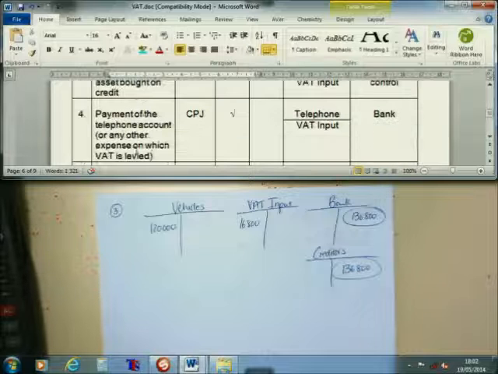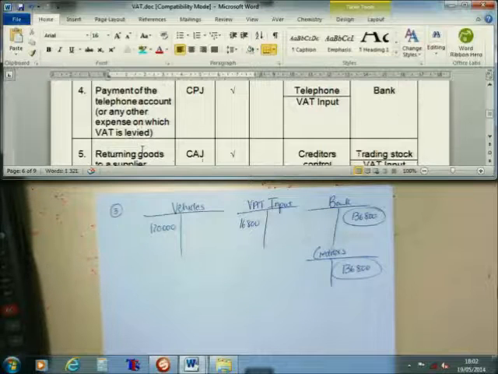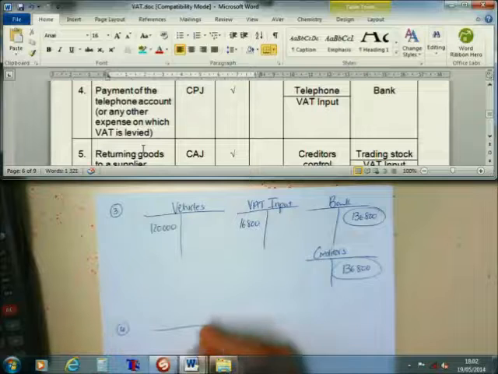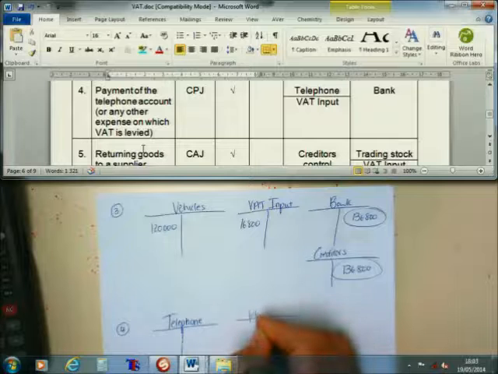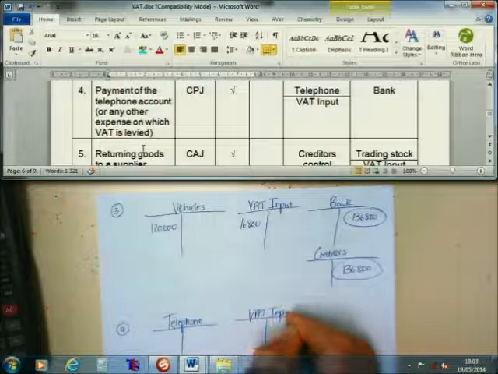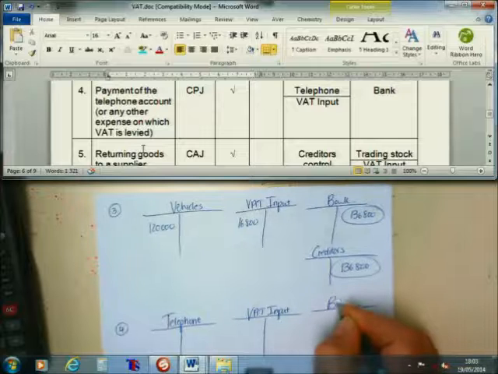Number 4. Payments of the telephone account. So we pay the telephone account. We've got telephone. Because the service come in, we've got VAT input. And we pay for the telephone.